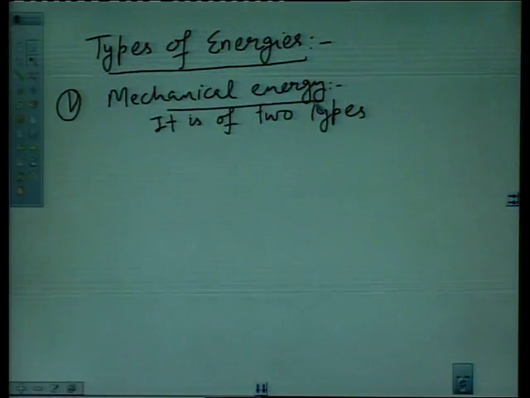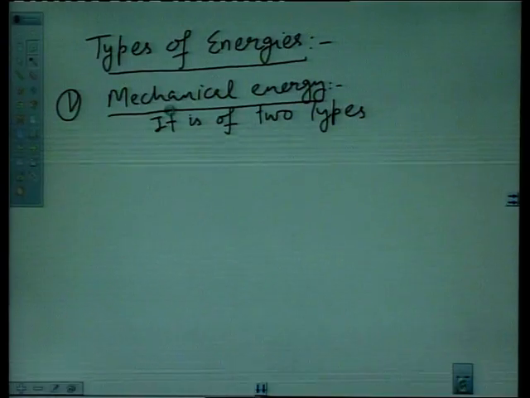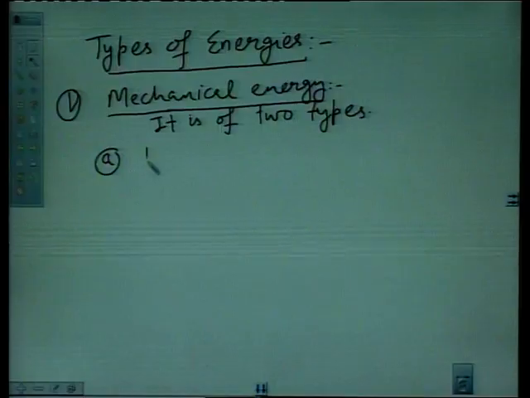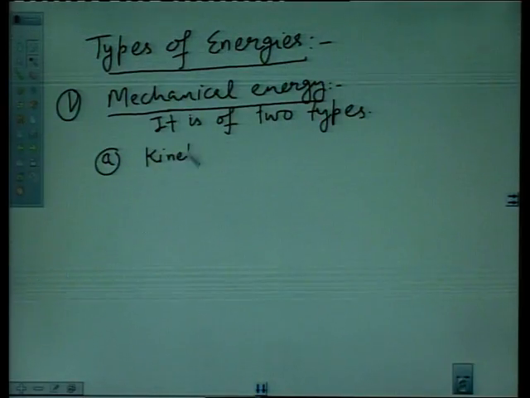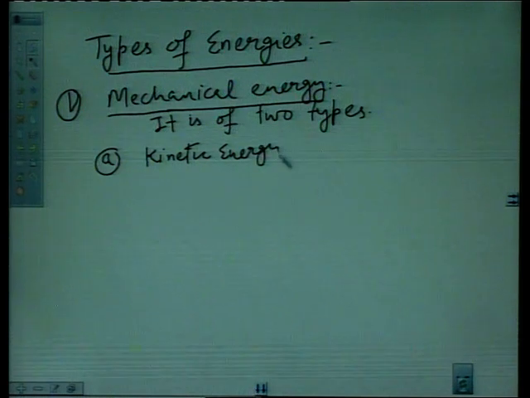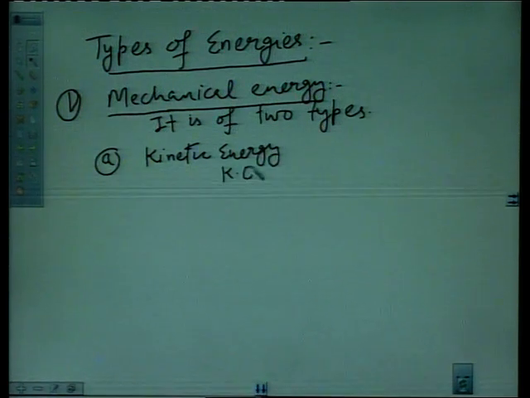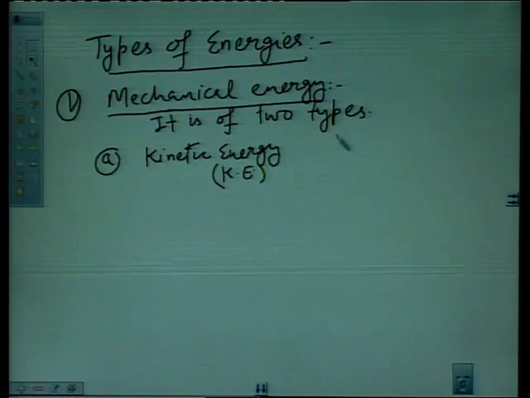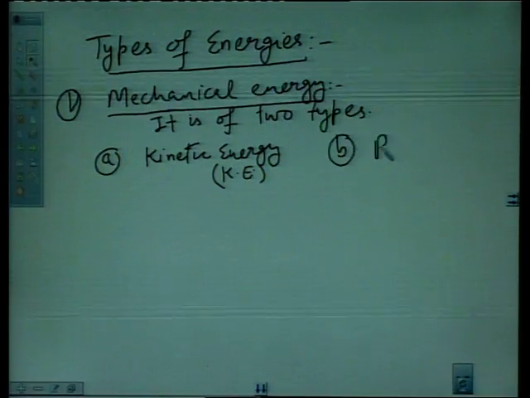Any moving object has mechanical energy. First is kinetic energy, in short form we can write KE, and the second one is potential energy.